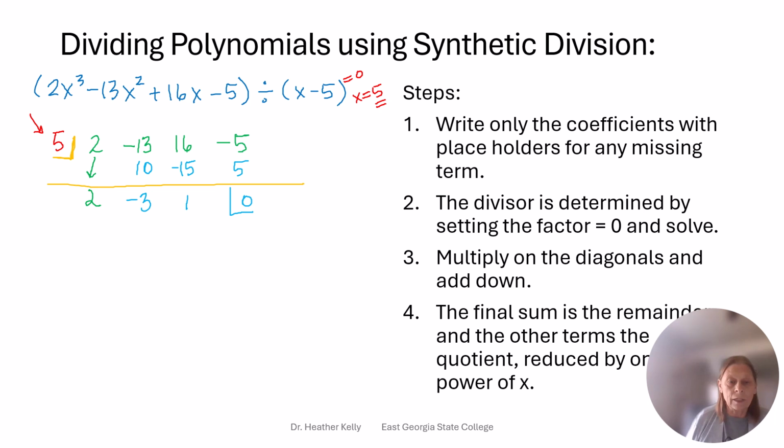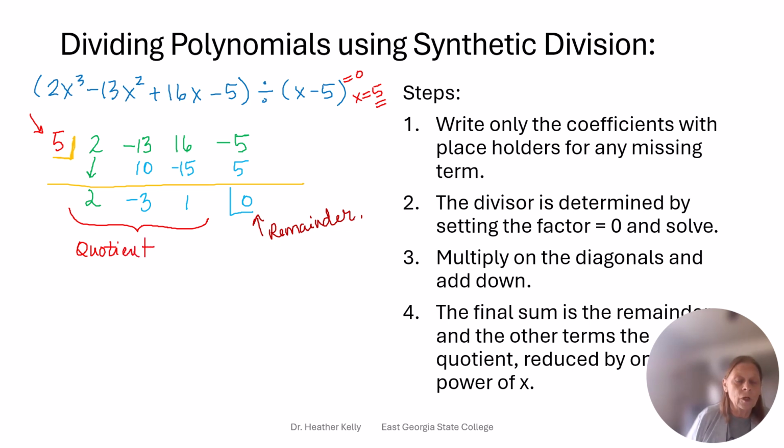Now, let's break this down. The 0 here is the remainder. And because the remainder is 0, we know that these divide evenly. The remaining piece here, these three numbers that are left in this case, is the quotient.